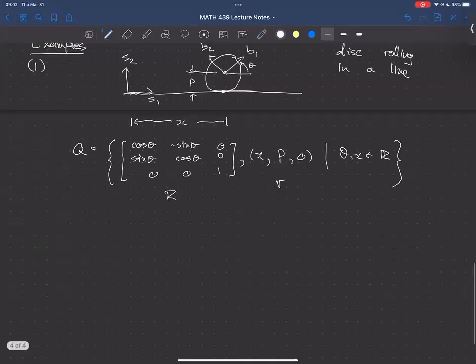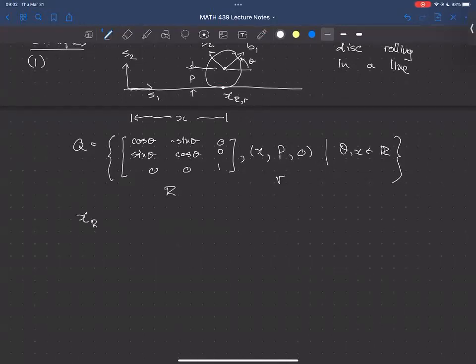Let me write this point as x_RR. That's the spatial vector in R3 giving the contact point.